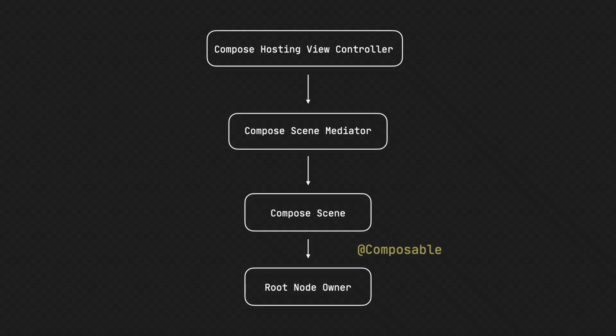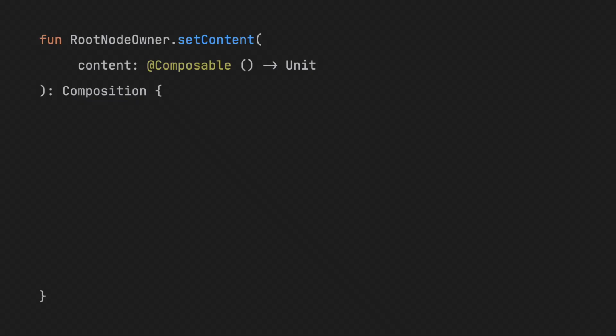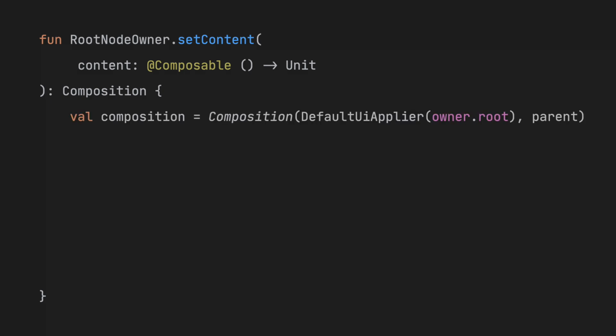And right at the bottom where that root node owner is, that's where the composition object and the compose runtime is set up. So if you were to traverse down what's happening, you'll see in the root node owner, when the set content method is called, this is the entry point into compose. Well, you'll see the composition object being set up. This is where the compose runtime is set up. And you'll see that I'm giving a default UI applier in this case.